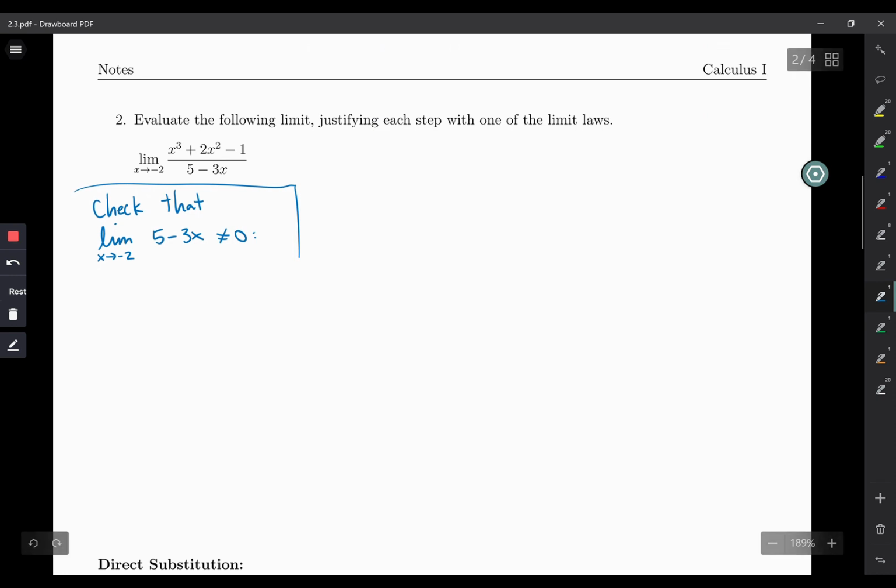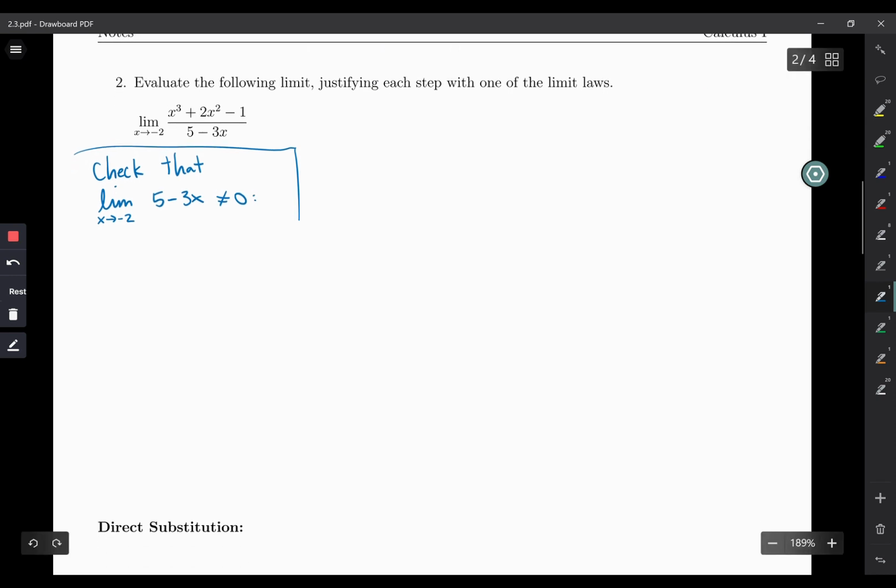I'm going to go ahead and label each step with the limit law down here. So we have this, and the first thing we want to do is split it, so we're going to use the difference law.